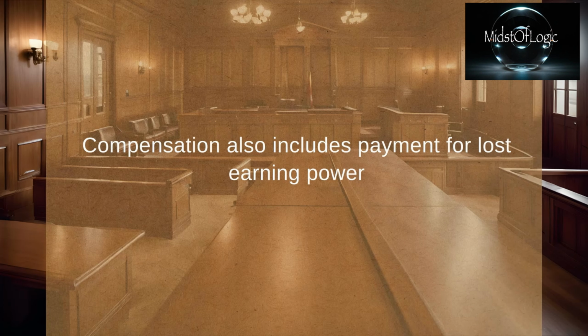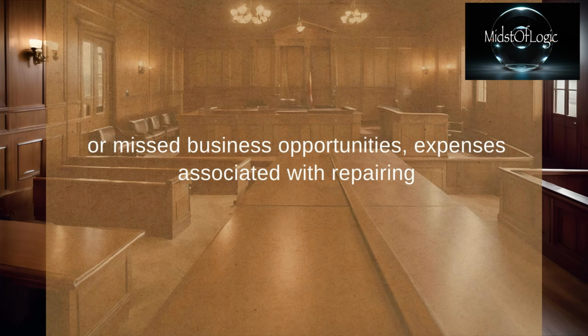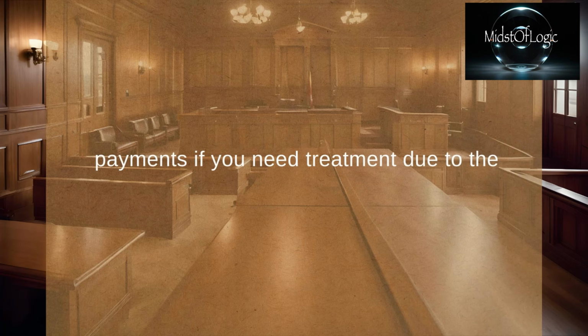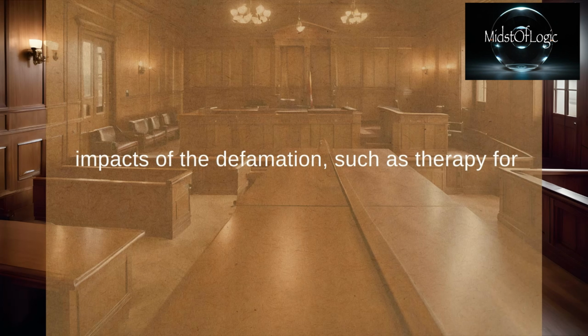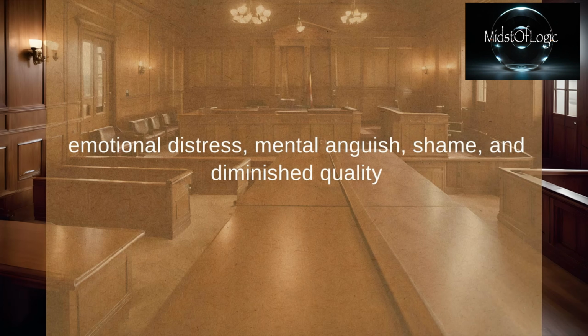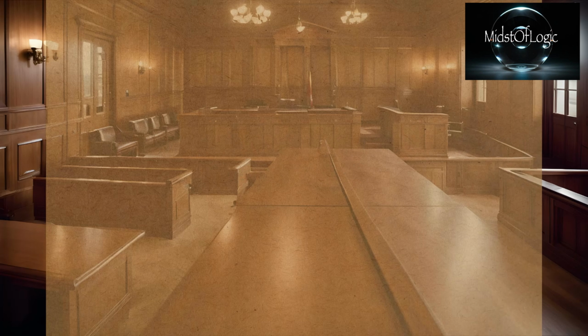Compensation also includes payment for lost earning power or missed business opportunities, expenses associated with repairing your reputation, such as online content removal, medical payments, if you need treatment due to the impacts of the defamation, such as therapy for mental distress, and compensation for non-economic losses such as emotional distress, mental anguish, shame, and diminished quality of life.